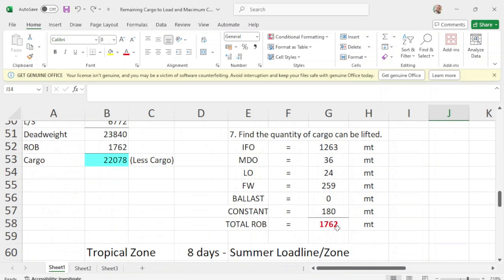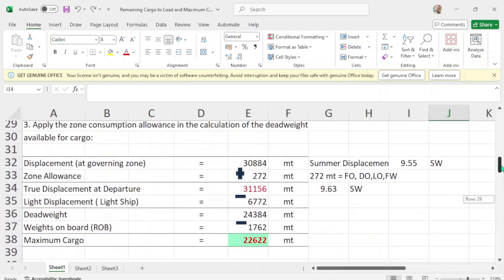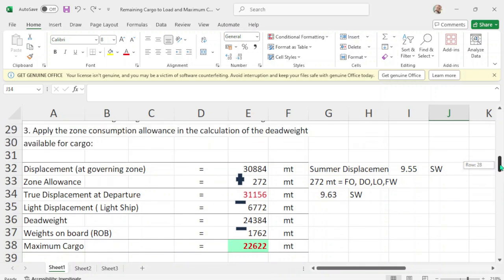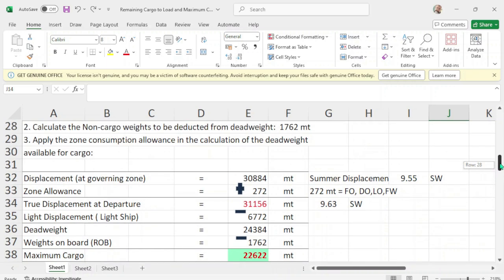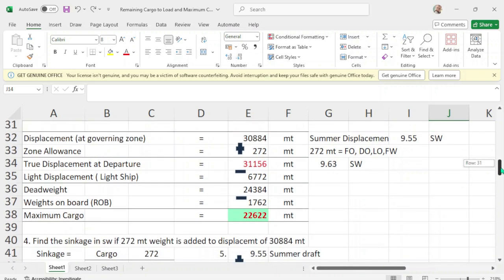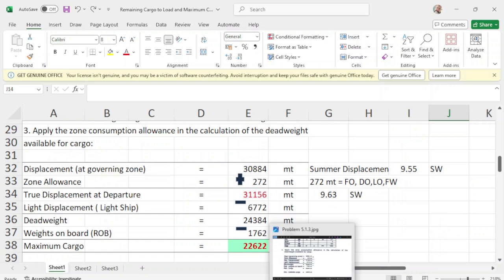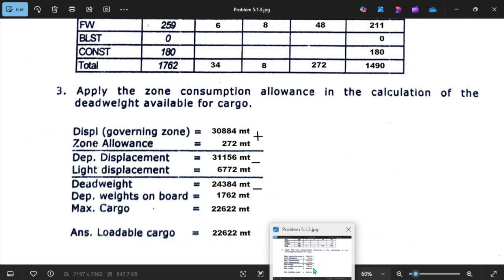So this is your weights on board. Then your maximum cargo to load is 22622, or your allowable cargo. Now what is the next problem that he said?